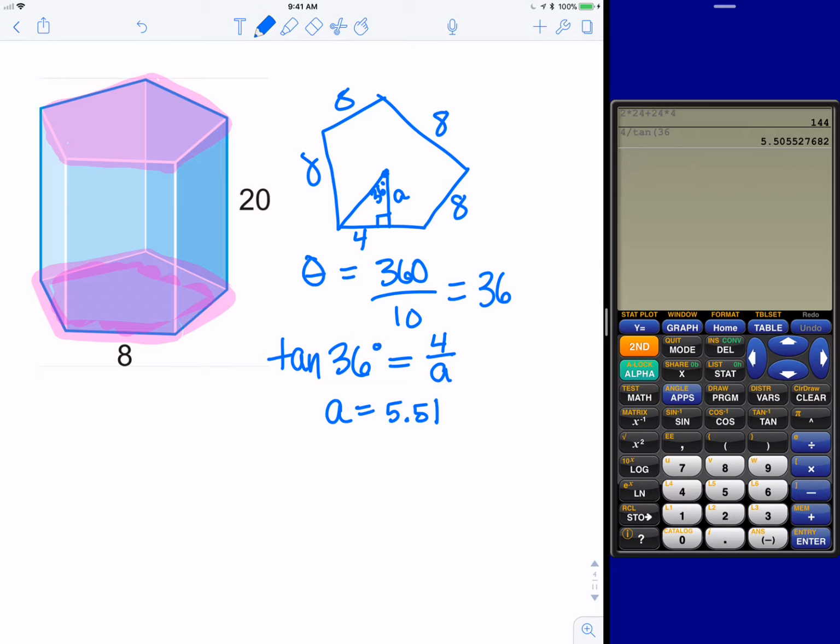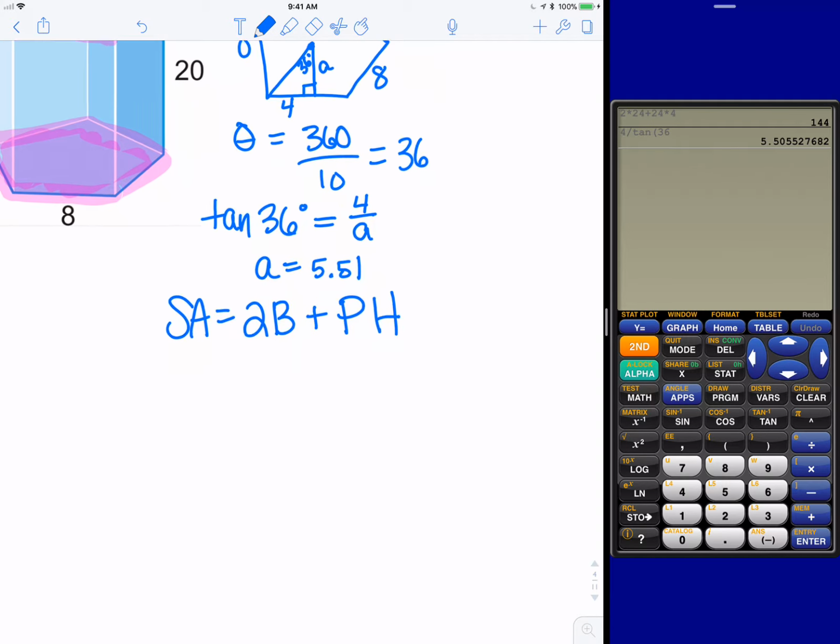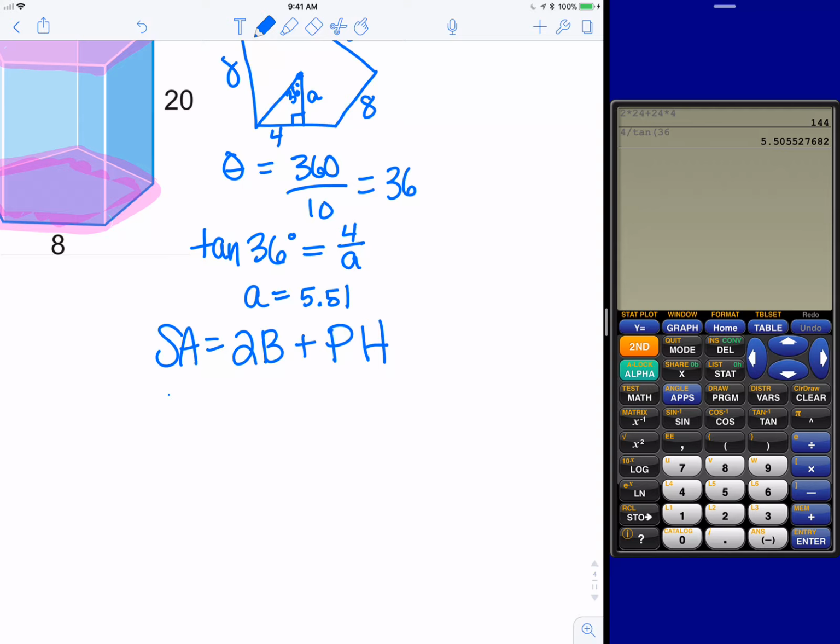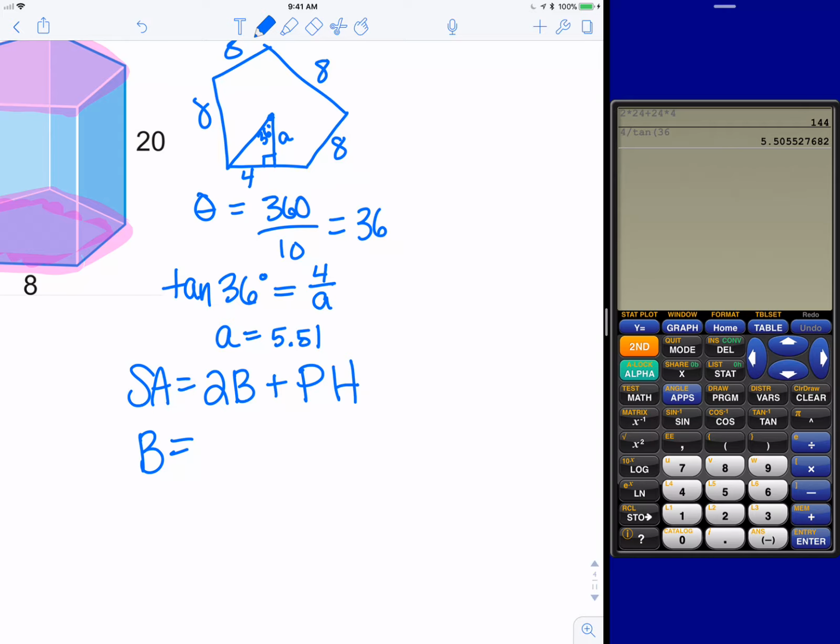Okay, so now the surface area formula is still 2 times area of the base face plus perimeter of the base face times the height. Okay, so we'll start with capital B, area of the base face. What shape is it? It's a regular pentagon, so we do 1/2 its perimeter times the apothem.